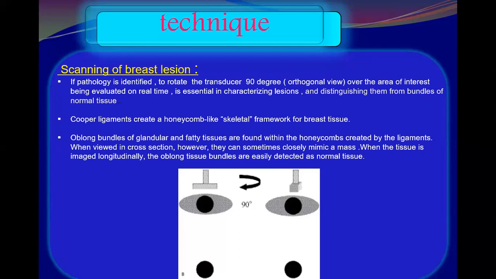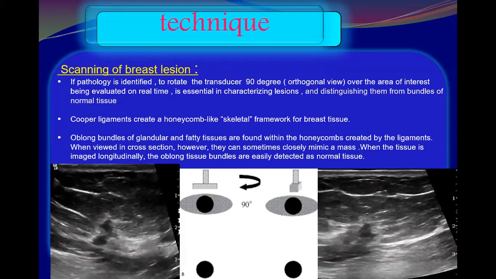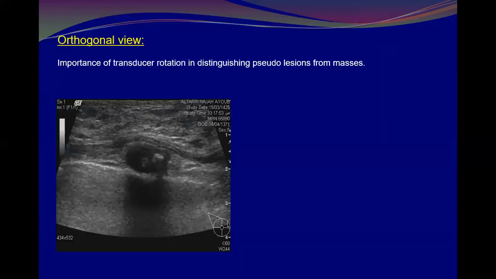We have to remember that Cooper ligaments can sometimes appear as honeycombing, and fibroglandular tissue within this area might mimic a mass, as we have seen in the previous examples. When a lesion is small and we angulate the probe 90 degrees, look at the extent of the lesion. It is larger, at its maximum extent, when the transducer is perpendicular, in the orthogonal view. This is the importance of the orthogonal view.